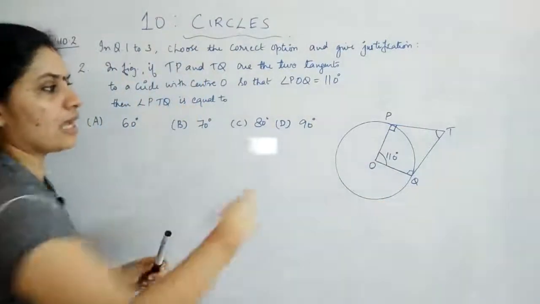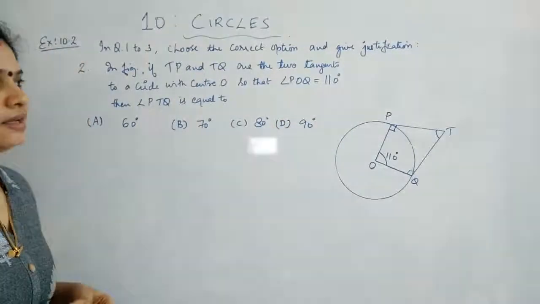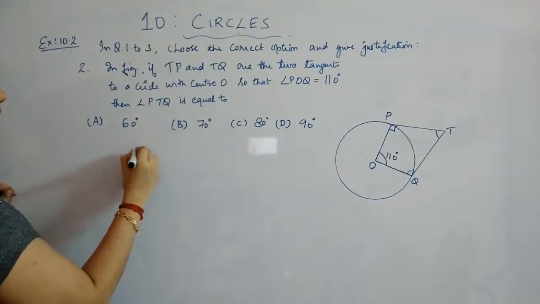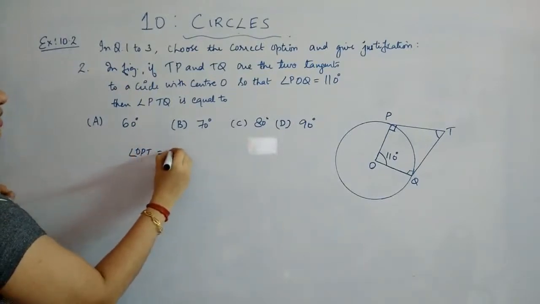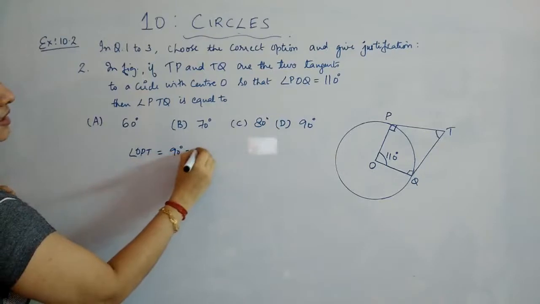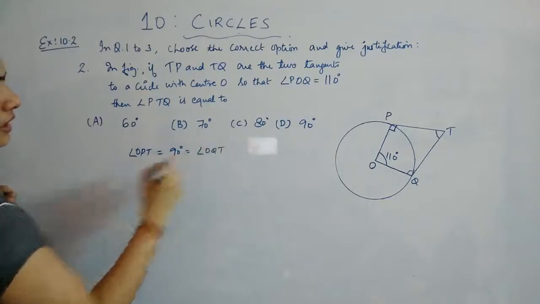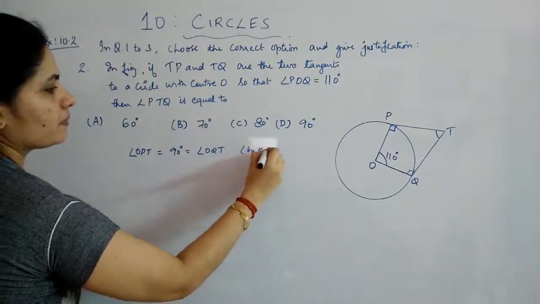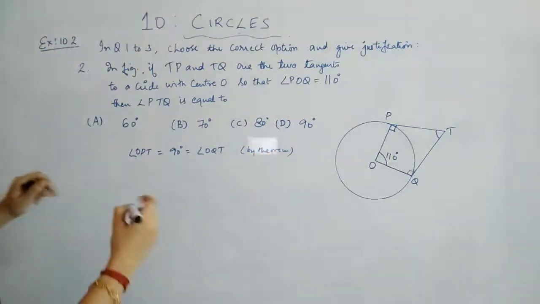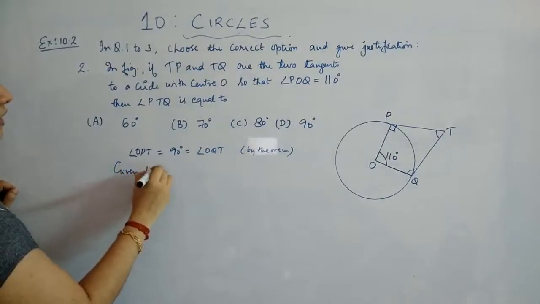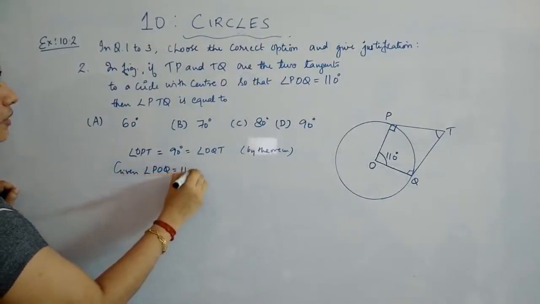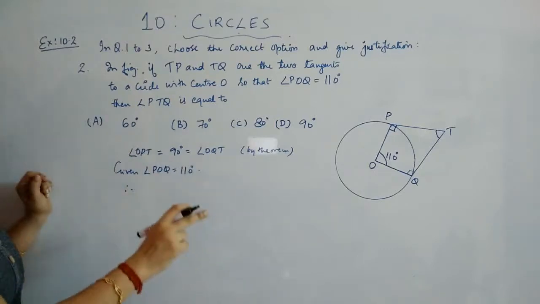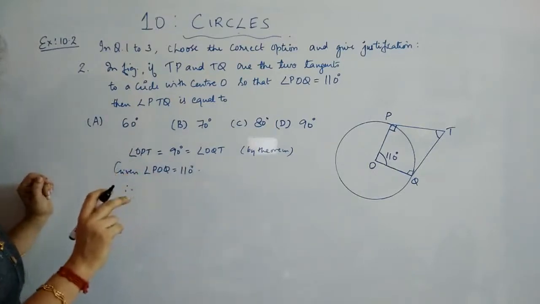So now you have 3 angles of a quadrilateral, so that you can find out the fourth angle. Okay, so angle OPT is equal to 90 degrees is equal to angle OQT, by the theorem concept. And what is given? Given is angle POQ is equal to 110 degrees. Therefore, the addition of all 4 angles will give you 360 degrees.